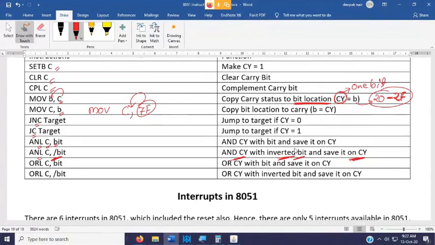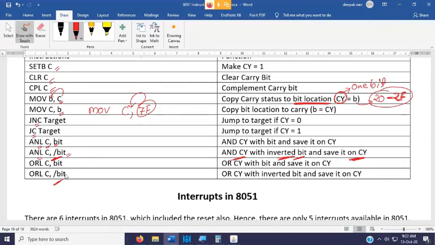Similarly, you can use ORL, that is OR. Invert the bit first and then OR with the carry.